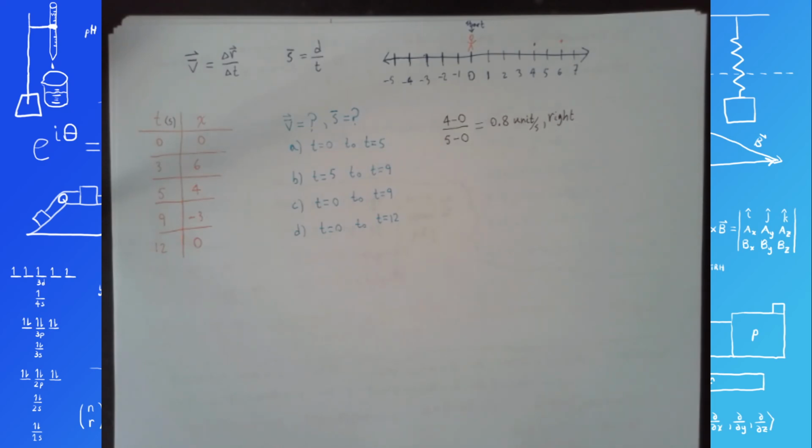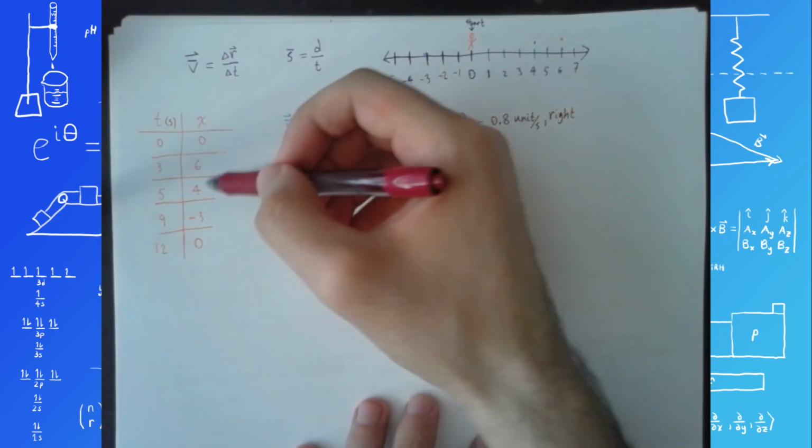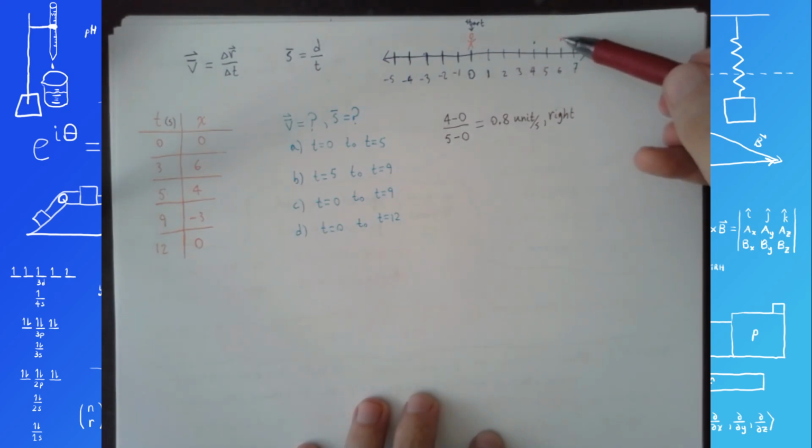So is that how they actually moved? Did they just walk at a fixed rate of 0.8 units per second for 5 seconds until they landed at 4? Maybe. That's a possibility, but we know that's not true because in the first 3 seconds they went all the way over to 6 and then they came back to 4.